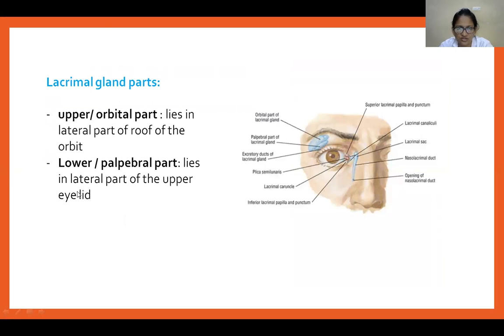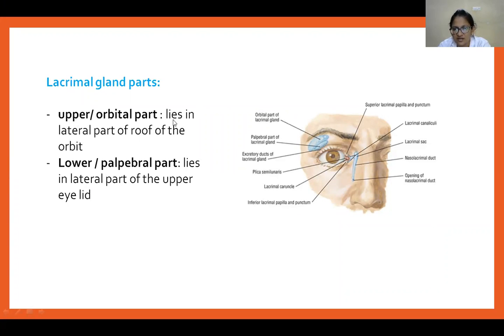First, we are going to discuss the lacrimal gland. The lacrimal gland is a yellowish, soft, lobulated serous gland. It is divided into two parts: the upper orbital part and the lower palpebral part.